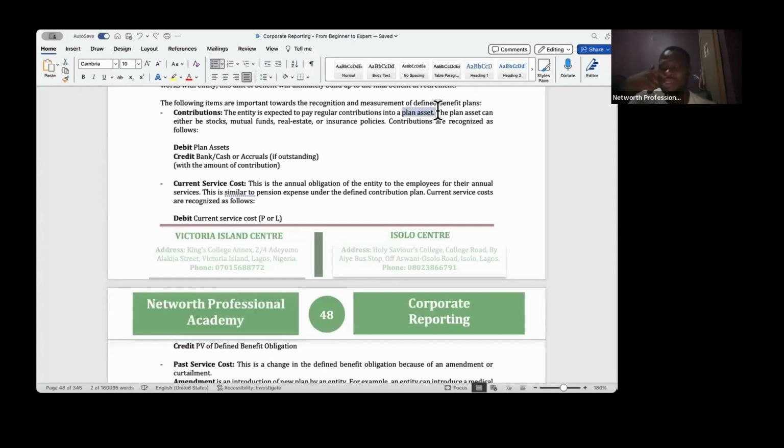When I say plan asset, we don't expect that they will be contributing the money and keeping it in a bank, because this is much later into the future. It could be stocks, mutual funds, real estate, or insurance policies. That's where they invest the money.